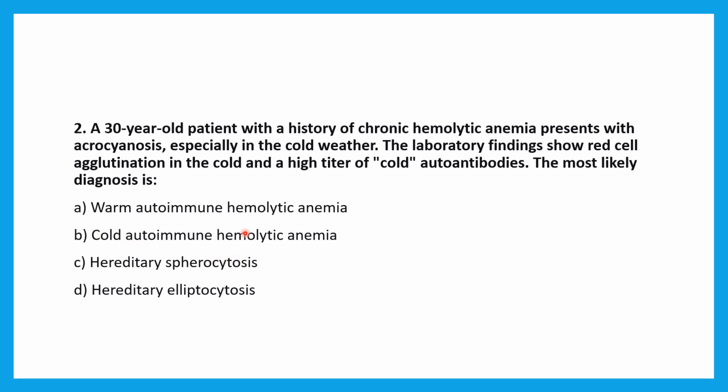Yeah. So the direct antiglobulin test would be positive in this case, and just in addition, the direct antiglobulin test would be positive for complement C3d. Yeah, that is what we need to also know.